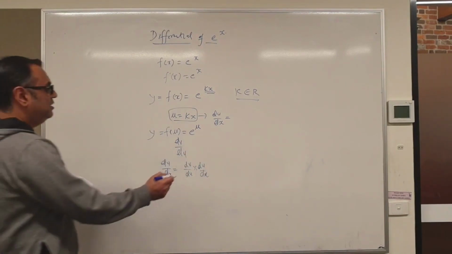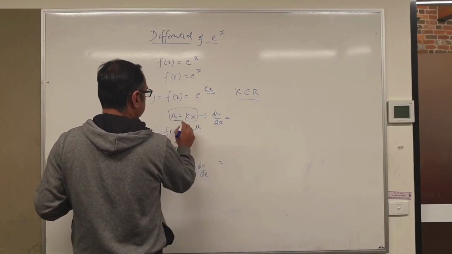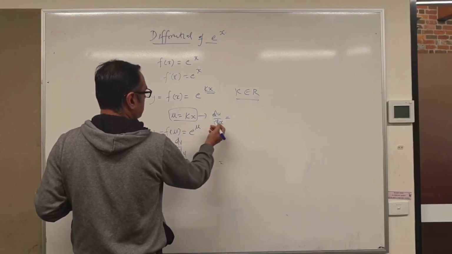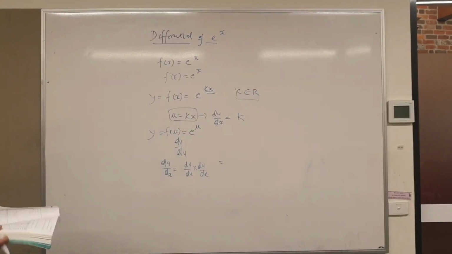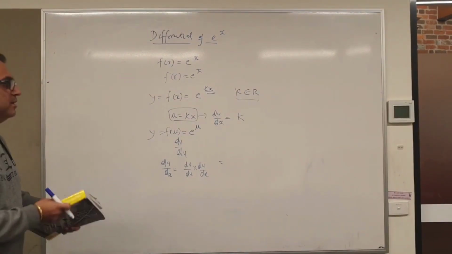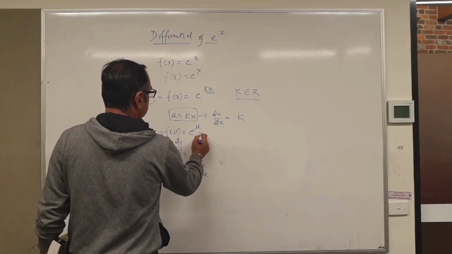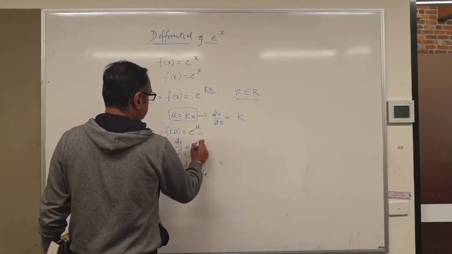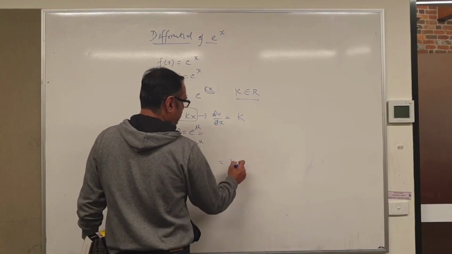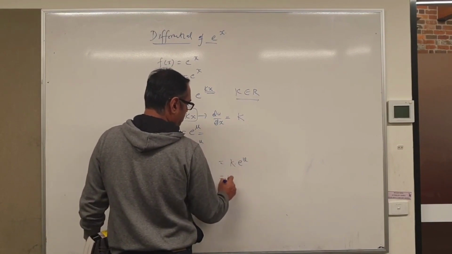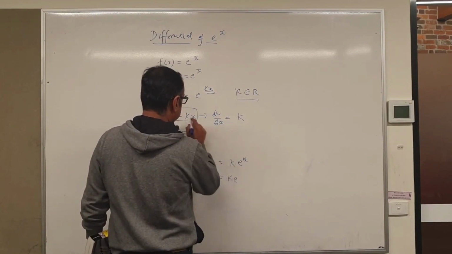So what it eventually means is, you differentiate kx, which is k. And dy by du is e raised to the power of u. So when you multiply the two, you get k times e raised to the power of u, and you sub u back, which is kx.